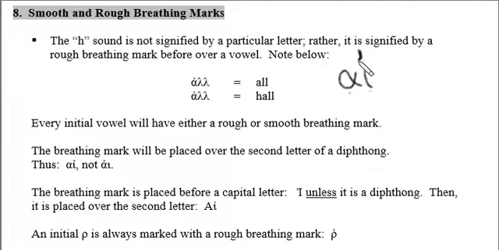In this case, that's an apostrophe, so it's not an H apostrophe, so we know this would be "i." However, if I went back and wrote it like so, that would be pronounced as "hi," because it's a rough breathing mark. It doesn't look like an apostrophe, so you might want to call it an H apostrophe.